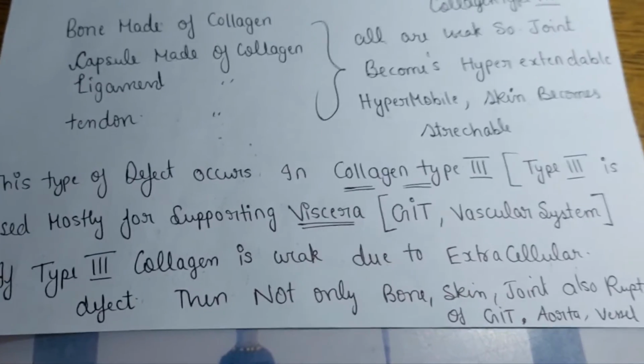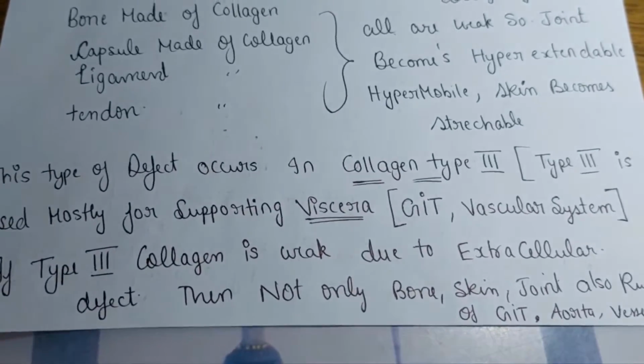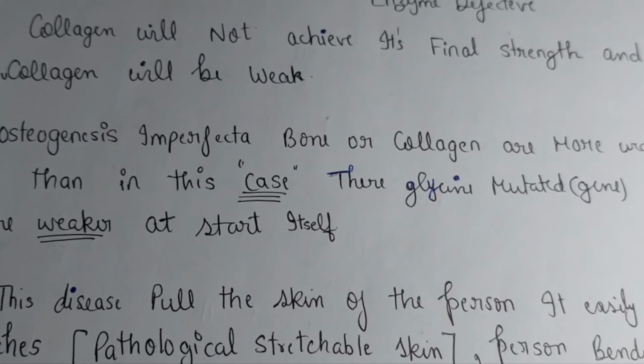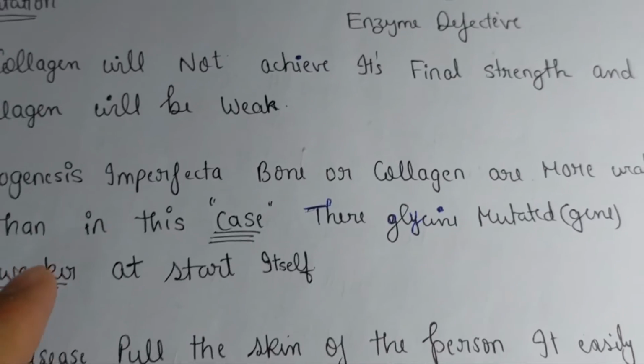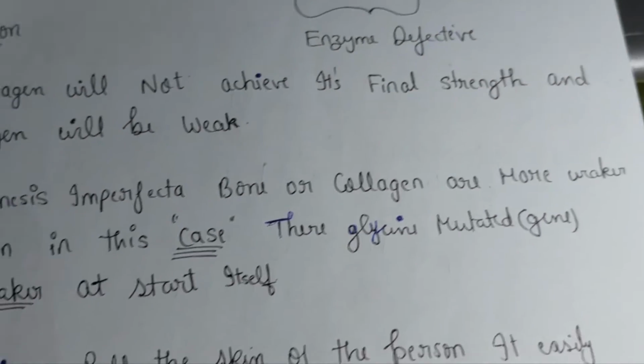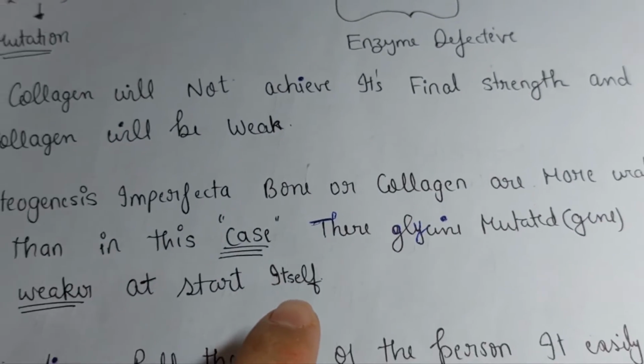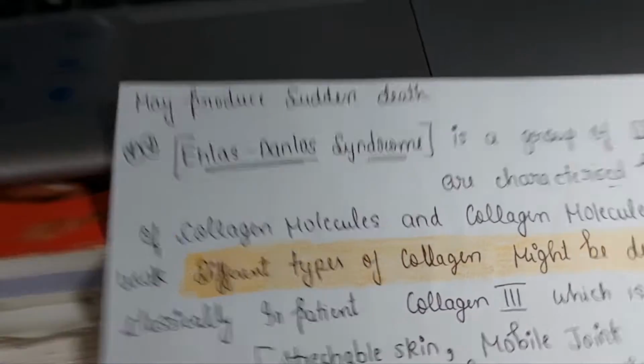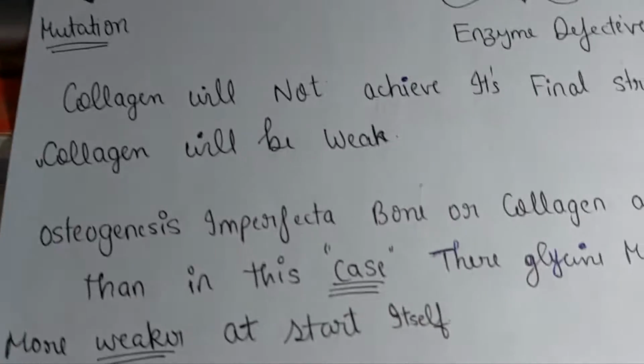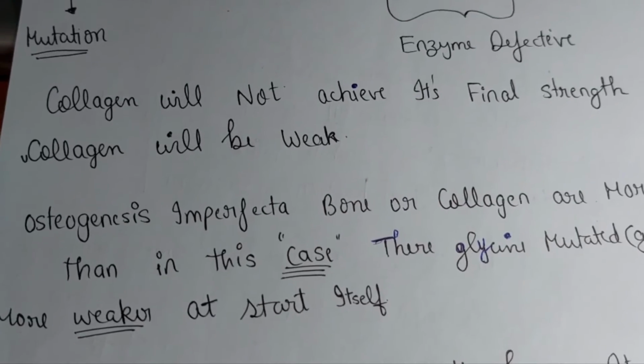aorta, aortic vessels, etc. But if we compare this Ehlers-Danlos syndrome with osteogenesis imperfecta, osteogenesis imperfecta is more dangerous because the bone or collagen is even weaker compared to Ehlers-Danlos syndrome, because there the gene for glycine was mutated.